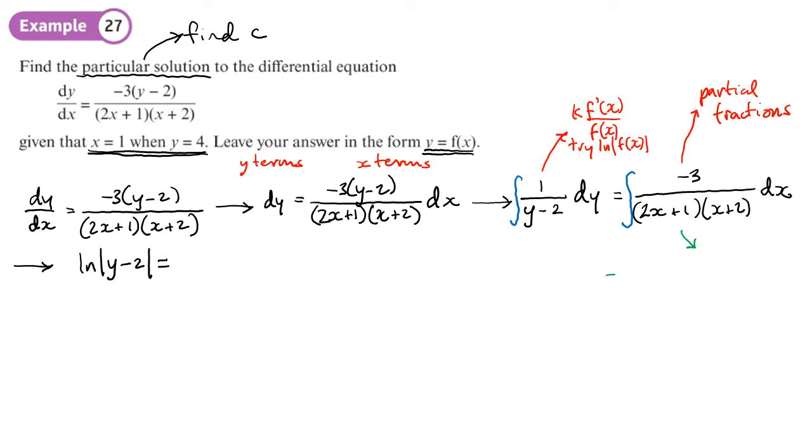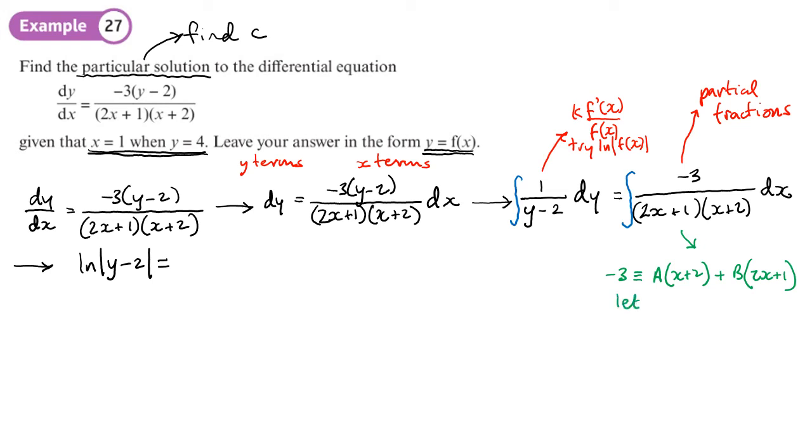So I know that I'd end up with -3 in that numerator. On the other side, I would have A over 2x plus 1, so I'd have to multiply A by x plus 2. Then I would have B over x plus 2, so that would get multiplied by 2x plus 1.